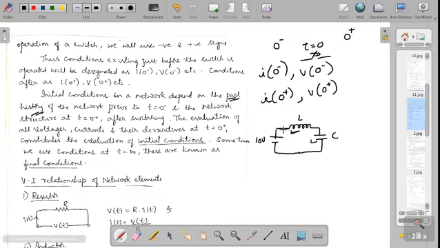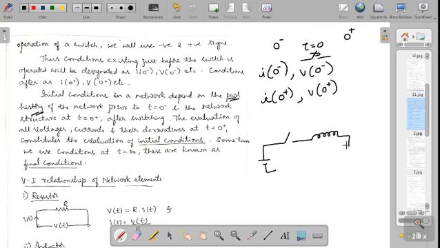If there is a switch over here, let us consider this is your power supply, and this is your switch. Let's consider there is an inductor and a capacitor. At time t equals 0, we will be closing the switch.